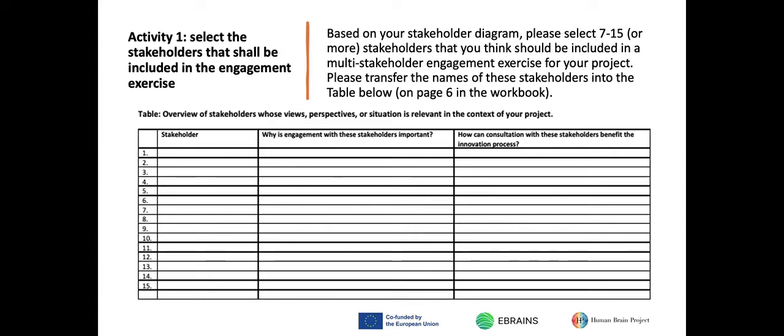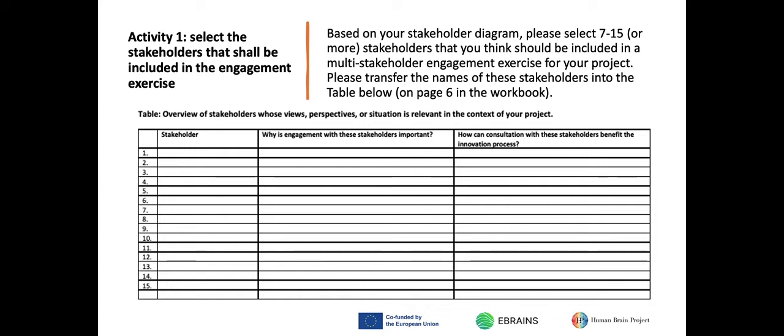On page 6 of the workbook, you find the following table here on this slide. Based on the completed stakeholder diagram, which can easily include like 30 to 50 stakeholders, if you have really invested some time and thought about it, I recommend that you select maybe 8 to 15 or maybe more stakeholders that you think should really be included in the multi-stakeholder engagement strategy that you would like to develop for your project.